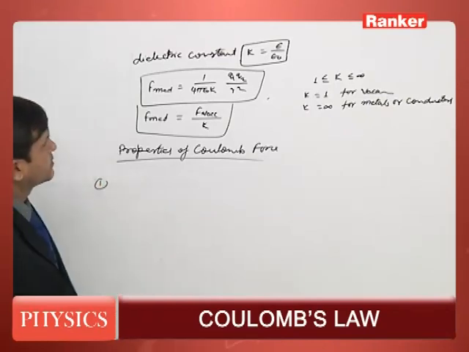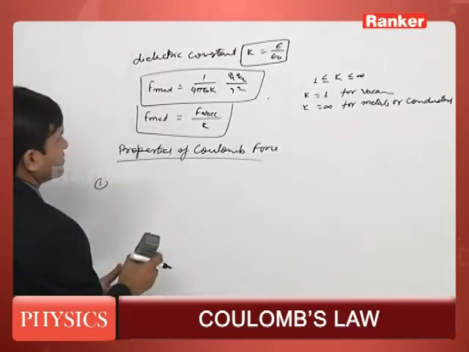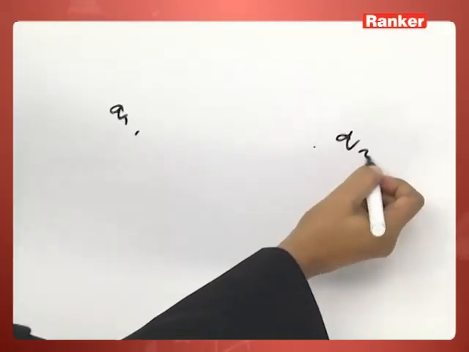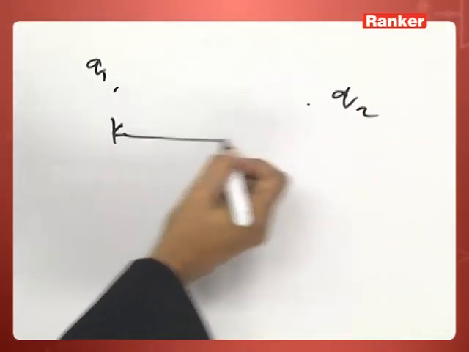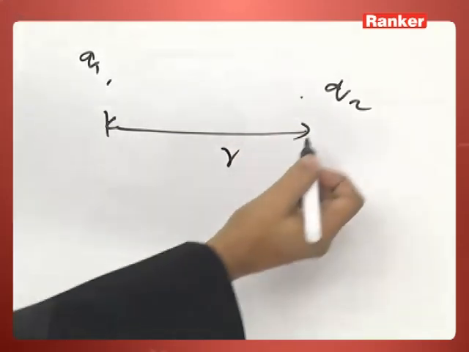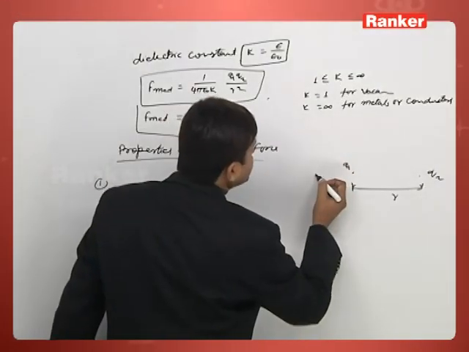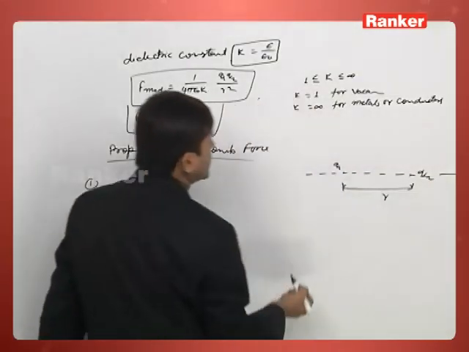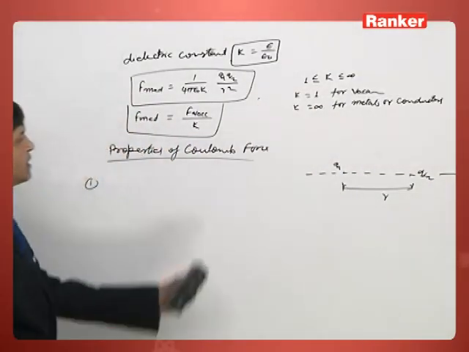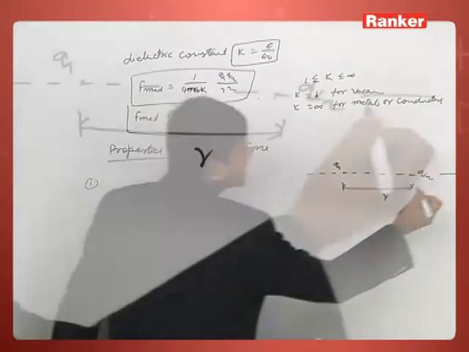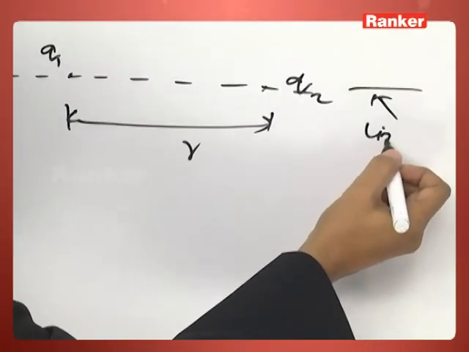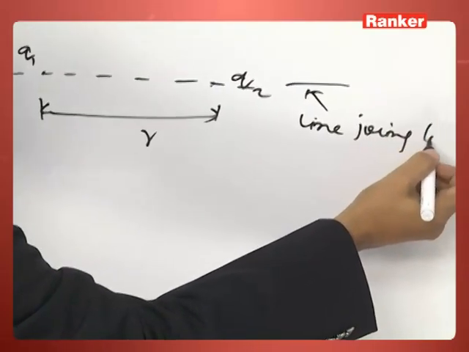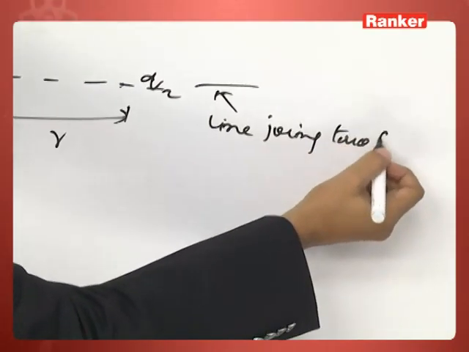Q1 and Q2 are the two charges which are kept at distance r, and this is called the line joining the two charges.